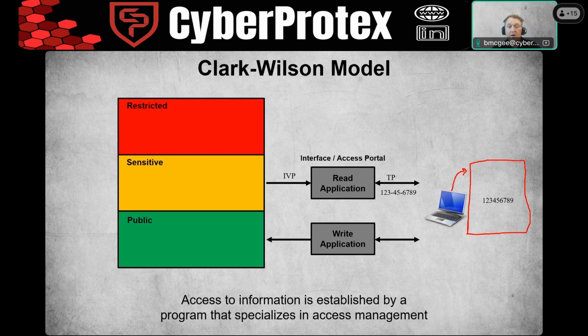And then over here, this integrity verification procedure will look at input validation, as well as probably run some sort of regex on it. So it'll look at a regular expression and make sure that it's got the proper formatting.